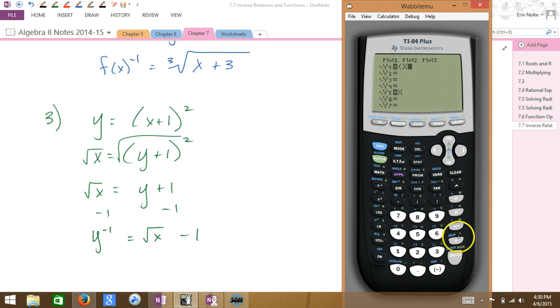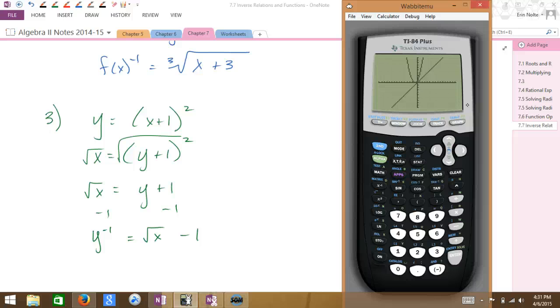So we have the quantity of x plus 1 squared. That is a parabola. It has been moved to the left exactly 1 unit. Can you imagine this parabola being reflected over the y equals x line?